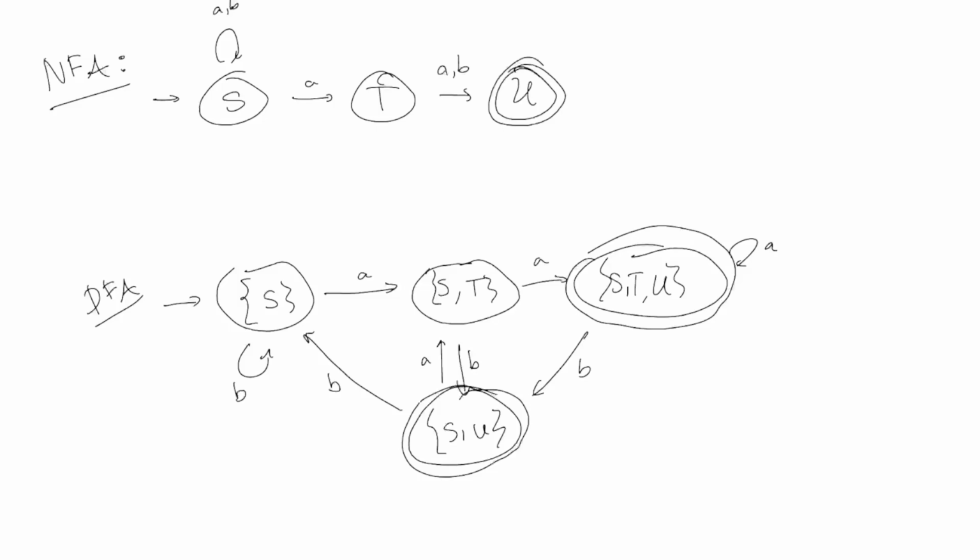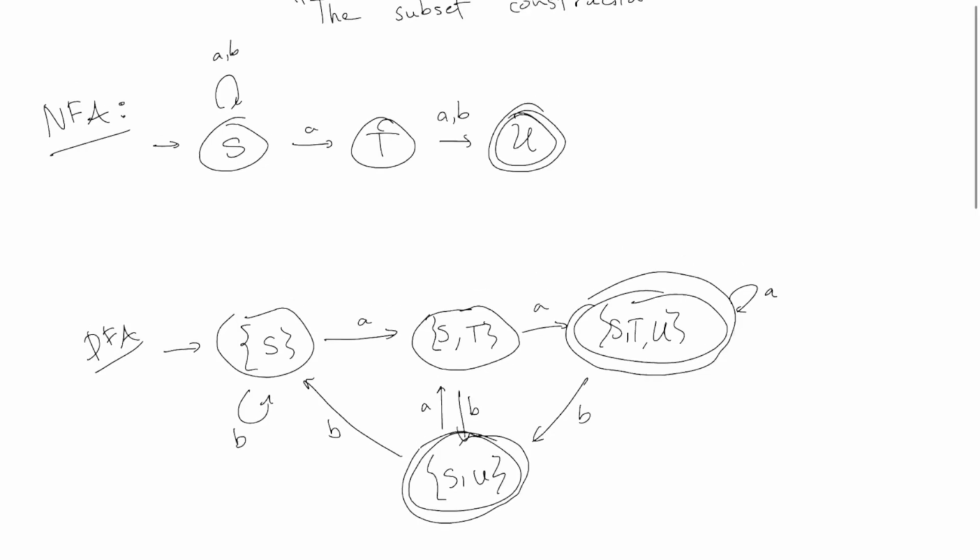This is how we do the subset construction. Like I said, this is kind of an easy one because there were no epsilons. Every time you look at these, you have to ask yourself, for example, like this arrow A means if I start in state S and do A, perhaps in combination with epsilons, where can I end up? The epsilons were not an issue here, but more generally they will be.